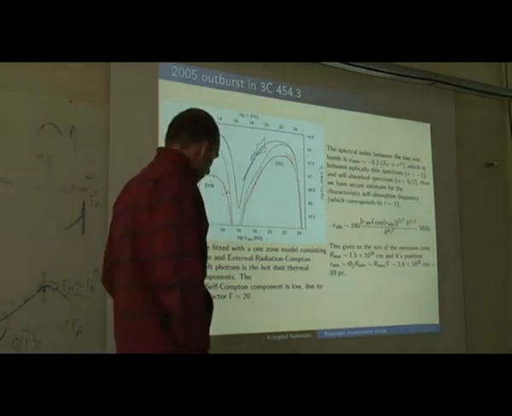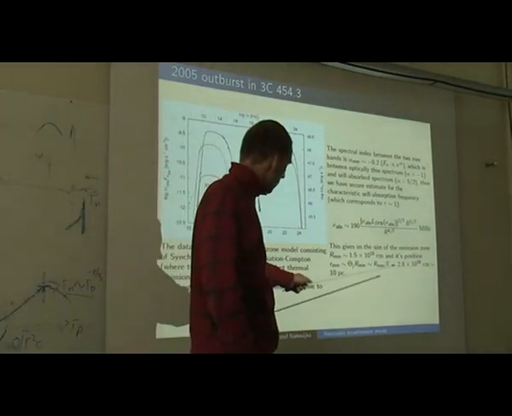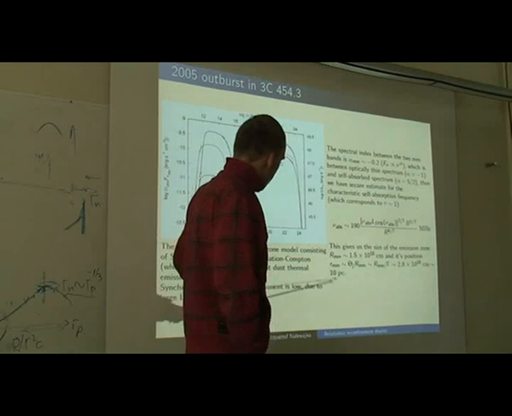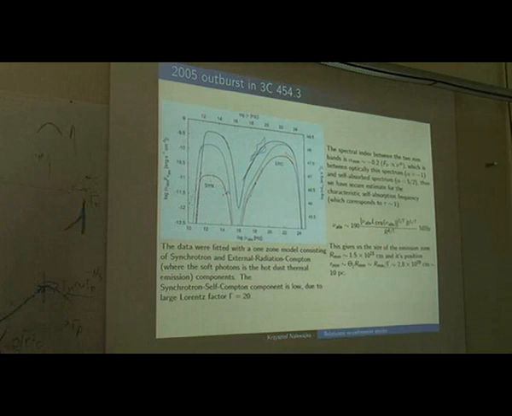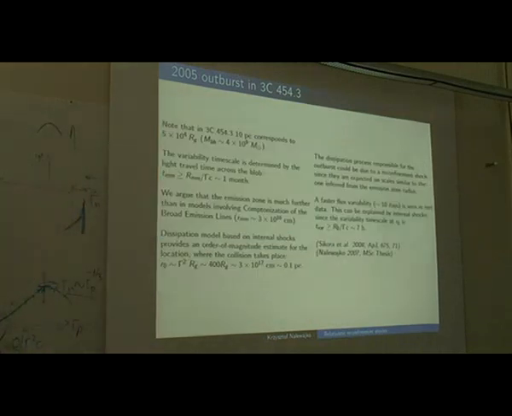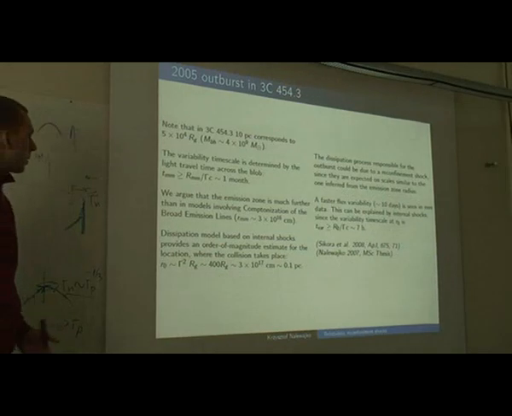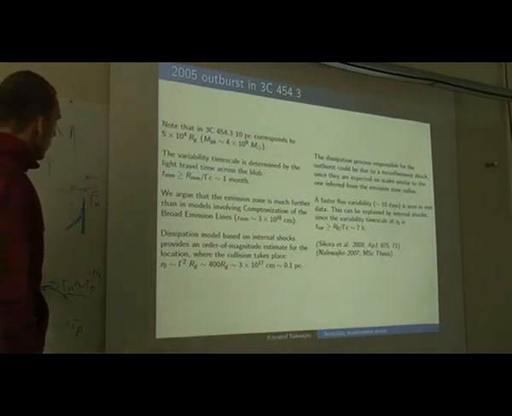So we estimate the position of the emission zone at 10 parsec, which is much further than in the studies that were not including the millimeter data.